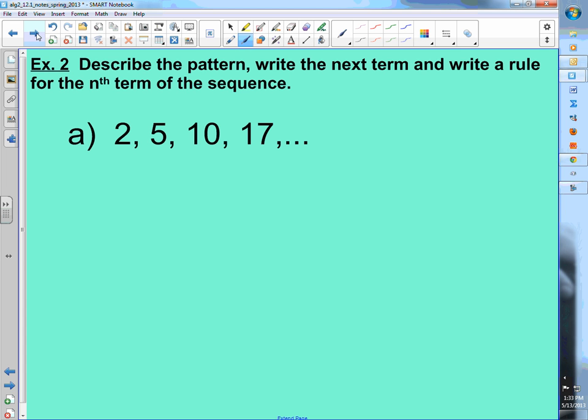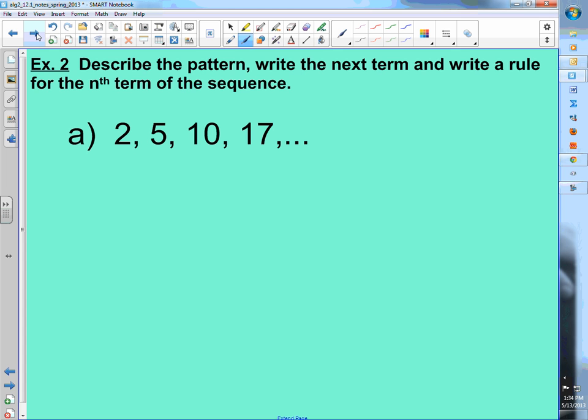Describe the pattern, write the next term, and a rule for the nth term of the sequence. All I want you to be able to do is describe the pattern right now. The rules for problems like this, I don't care about. You got it? What is it? +3, +5, +7, +9.